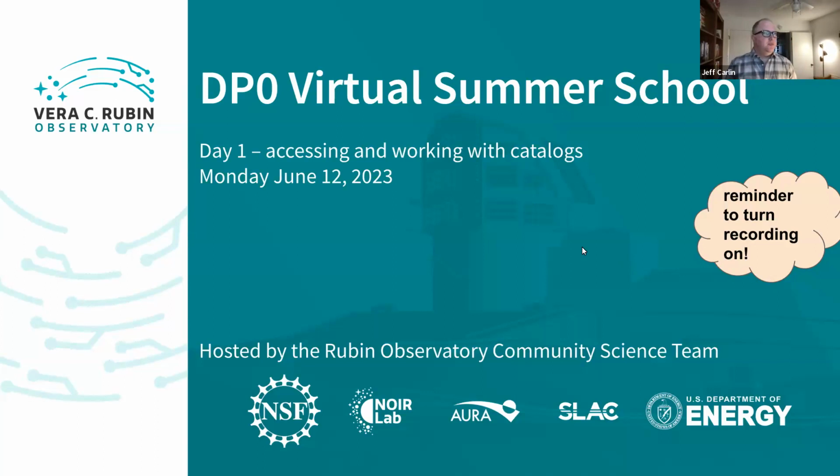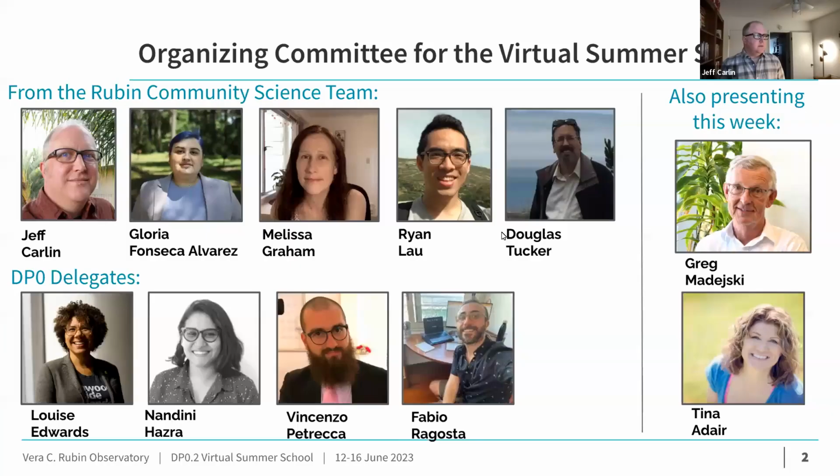So to proceed, first I wanted to introduce you to the organizing committee for this virtual summer school, which includes 5 members of the Rubin community science team. You'll see us a lot because we are in charge of organizing the Data Preview 0. So it includes me, Gloria, Melissa, Ryan, and Douglas. All except Melissa will be around today, it looks like.